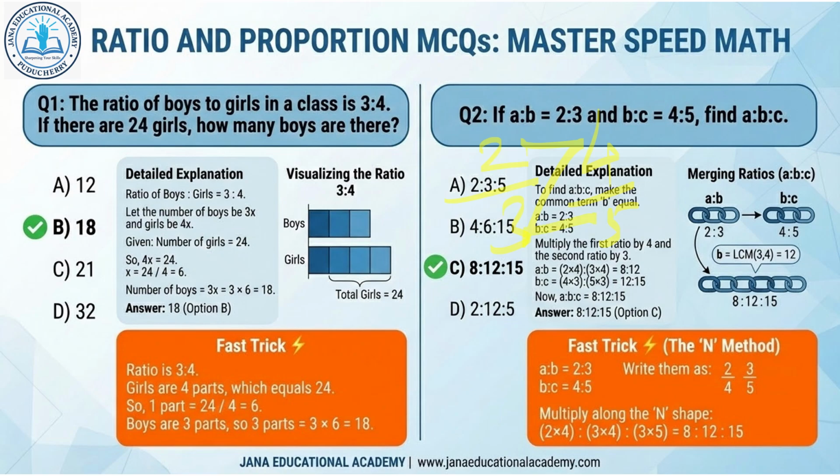Like that we have to calculate. So 8, 12, 15. The ratio of A is to B is to C, we have to calculate using the zigzag method in a simple way. Or you can solve it in a detailed way also. You have to look into that.